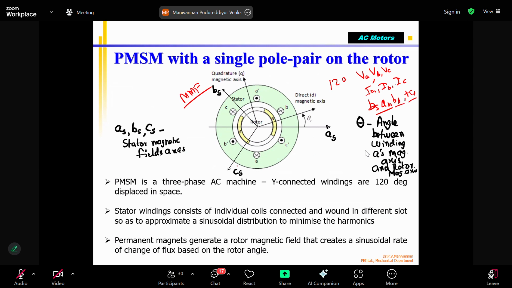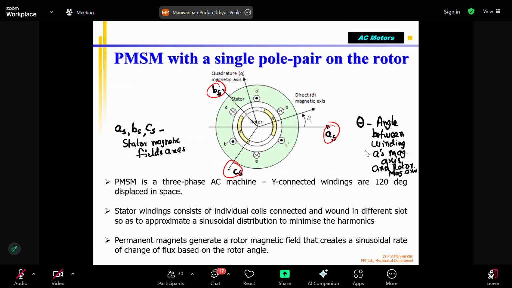You can see here the CS axis, BS, AS; if you measure the angle, it will be 120 degrees between the 3. The stator coils are spatially separated by 120 degrees, the applied voltage is 120 degrees apart, and so are the currents and magnetic fluxes.